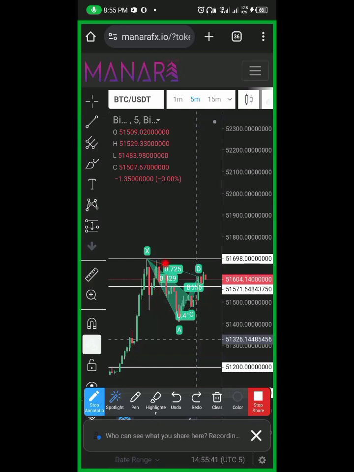After this red, there's a green that went up. This line becomes a support. Then when it went up, it touched this place, and there's a red one coming down here. This place becomes a resistance. Now, this one came out of here, touched this place, and came down again.